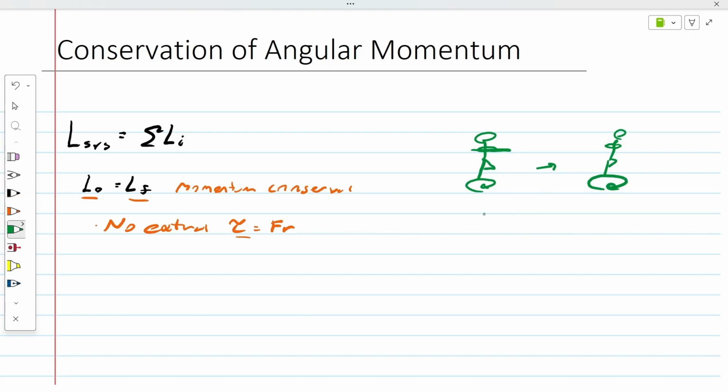And the reason for that is this conservation of momentum, because momentum is I times omega, or the angular velocity. And so this is constant. Since we know the momentum will be conserved if we're assuming there's no external forces, this is also going to be the same.